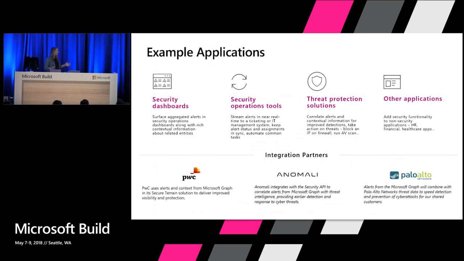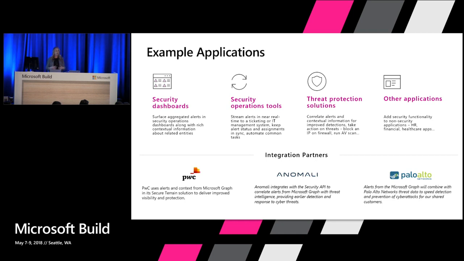So what can you do with the Security API? What kinds of applications can leverage this data? Well, first and foremost, security dashboards, either organizations that have built their own custom dashboards or managed security service providers who are building dashboards that they leverage across their customer base, certainly can benefit from insights from the Security API.